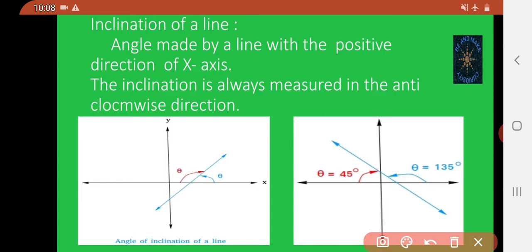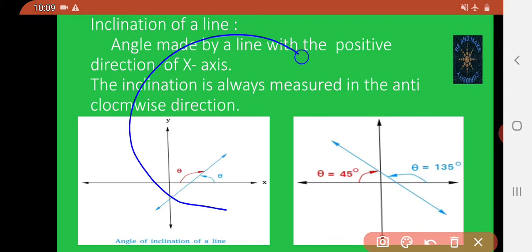Here you see this is a straight line, and the angle made by the line L with the positive direction of the x-axis, this angle theta in blue color, is the angle of inclination of this line L. And remember, inclination is always measured in the anti-clockwise direction.